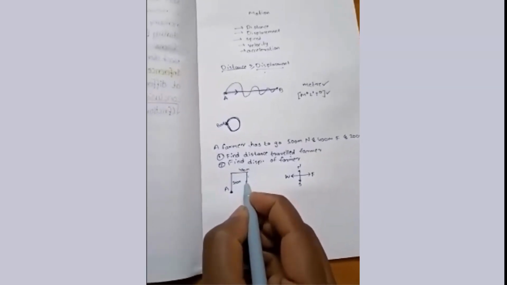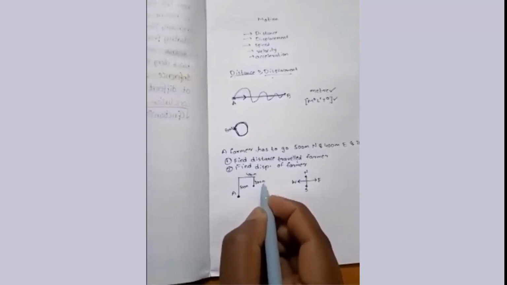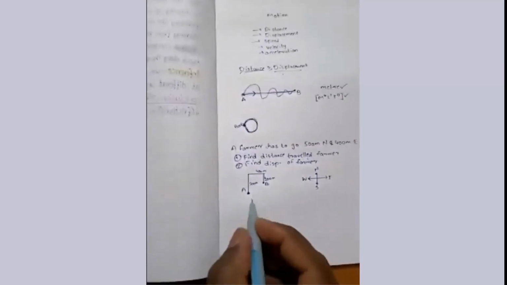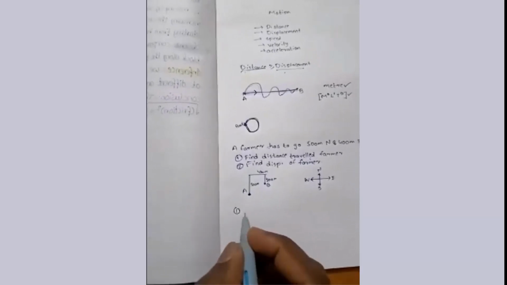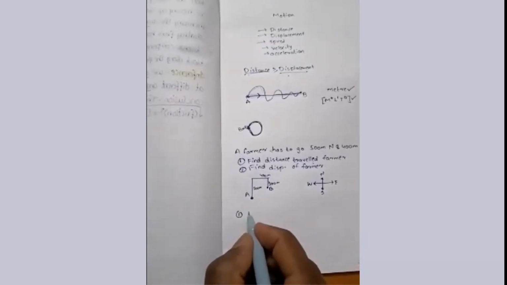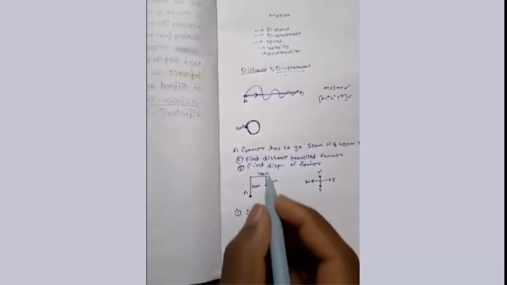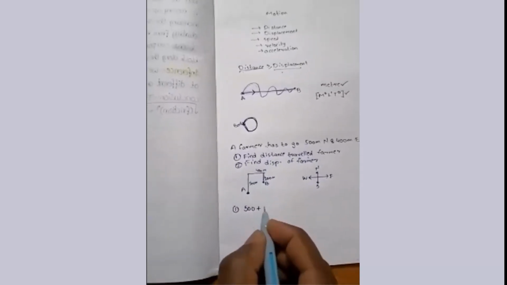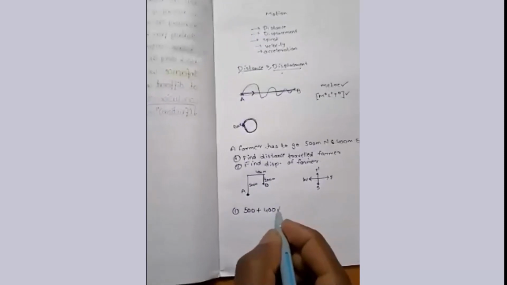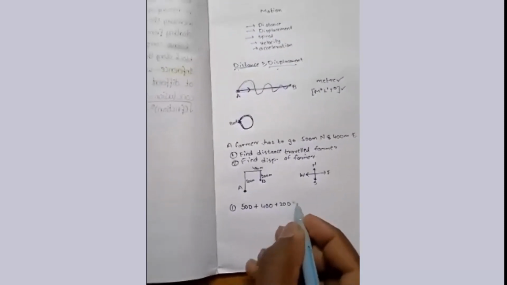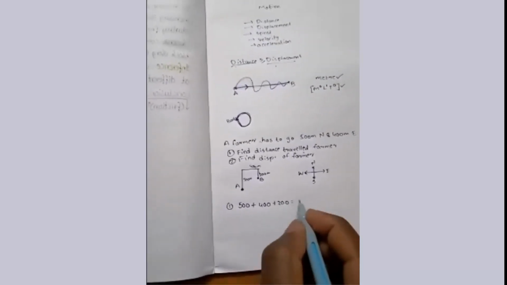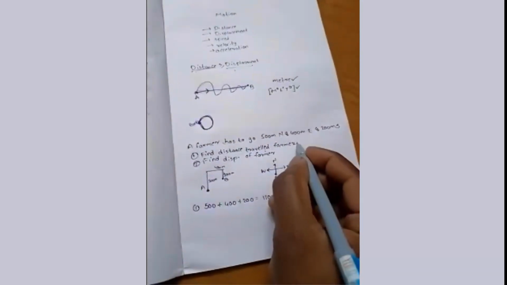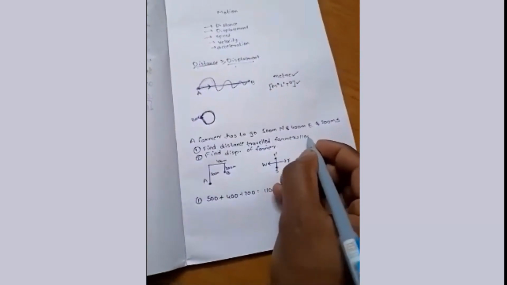This is the final point B. The total distance, first question: the distance means the length of the path. It is 500 plus 400 plus 200, which is equal to 1100 meters. So the first answer is 1100 meters.